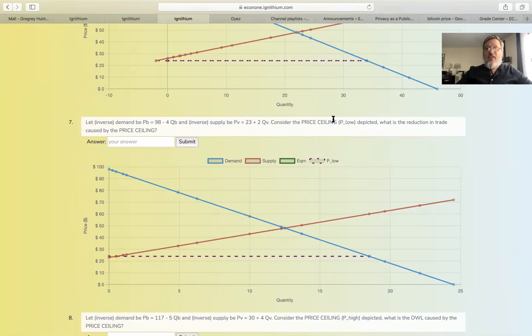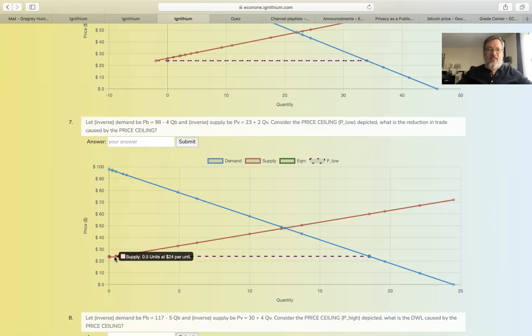So, consider this the price ceiling. What's the reduction in trade caused by the price ceiling? What was your question about this one? You know, the reduction in trade is going from 12.5 units at the equilibrium, right?